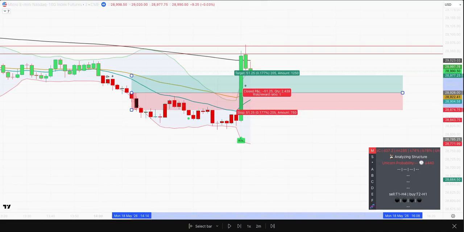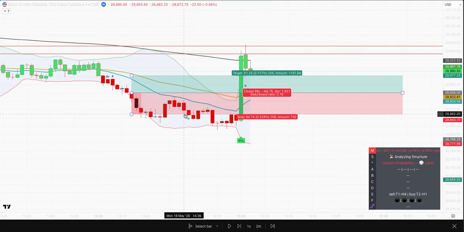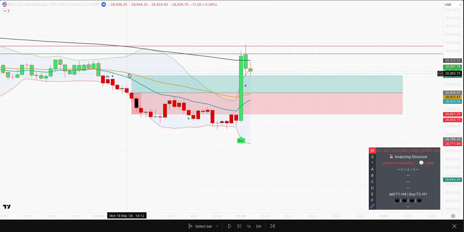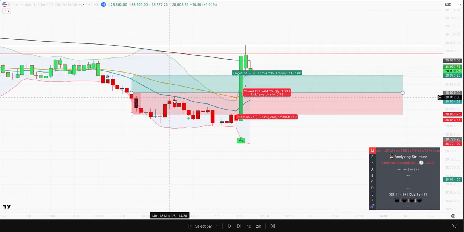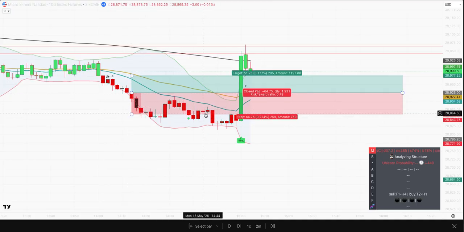So let's see how far I can bring this down. How much risk can I take? It's looking like this wick here. So that's what I would use if I was going to enter on this. If I'm using the 50, that's about as far as I can go for this wick. That's as much as I can afford.